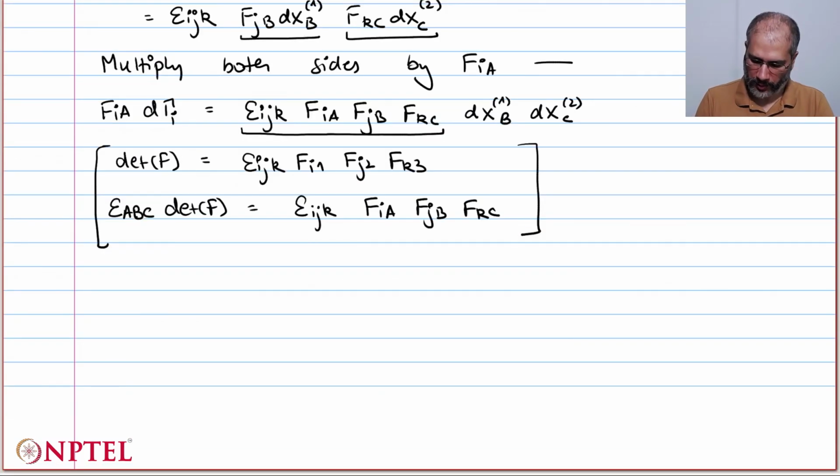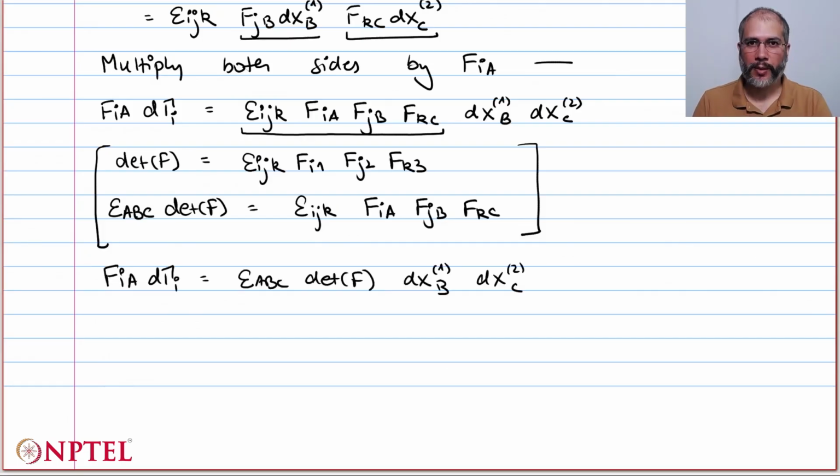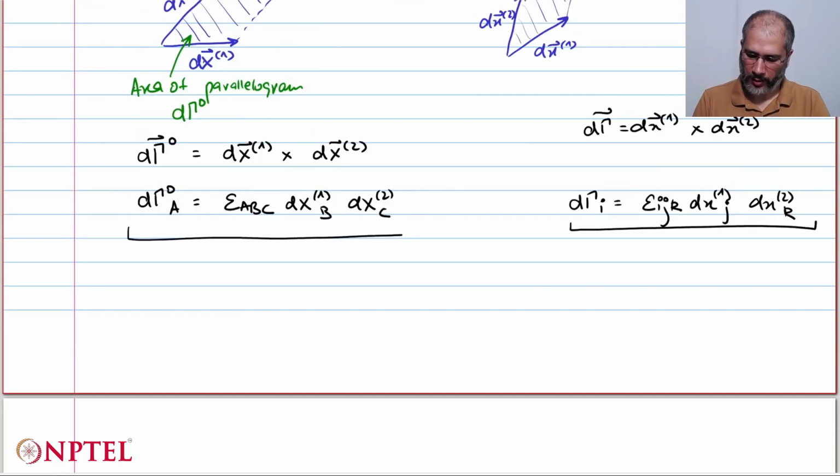So using this, we can write like this, and this determinant of F is nothing but the Jacobian determinant for our transformation. And also, if I go back and look at the expression for the area of the element in the undeformed configuration, this is what I have in my current expression as well.